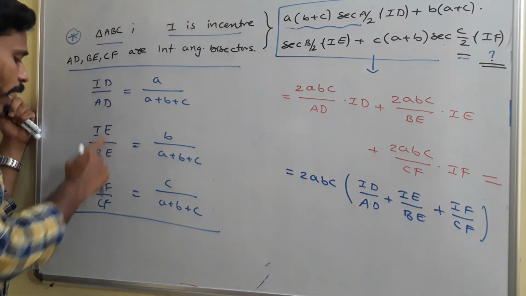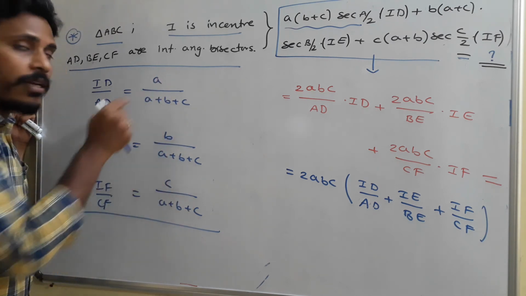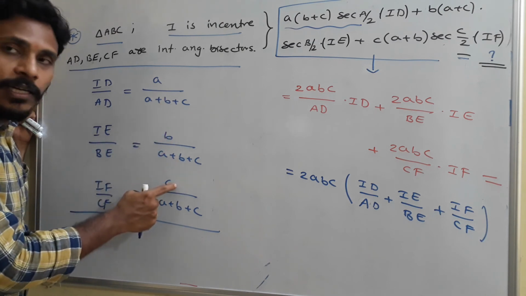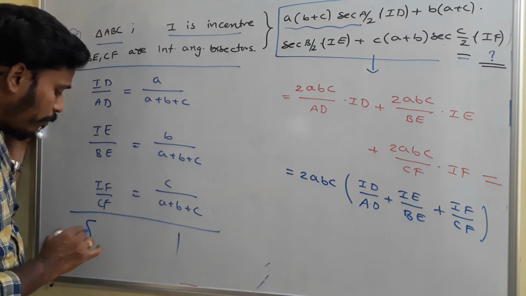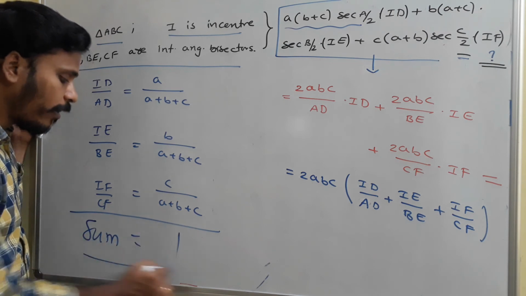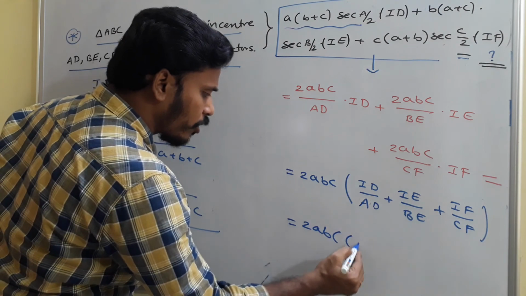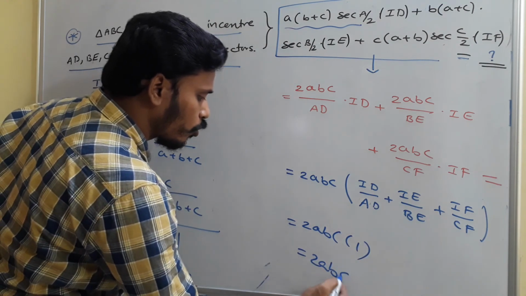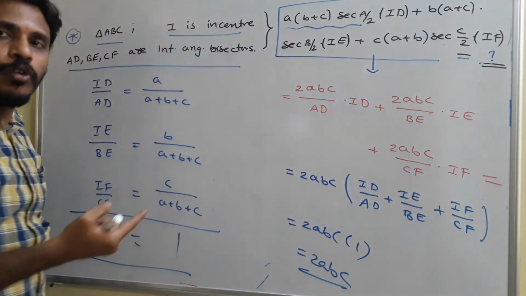Since the denominators are the same, you just add the numerators. The sum of the numerators is A plus B plus C, and this sum is directly equal to 1. Since this sum is equal to 1, the result is 2ABC into 1, that is 2ABC. Now the simplification for this is 2ABC.